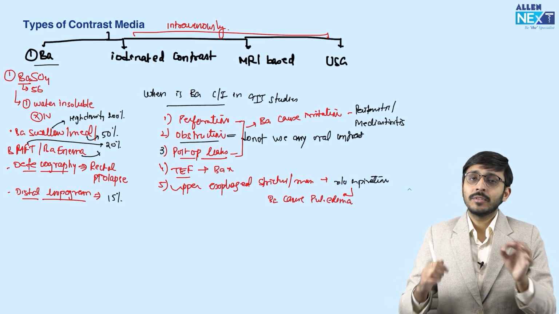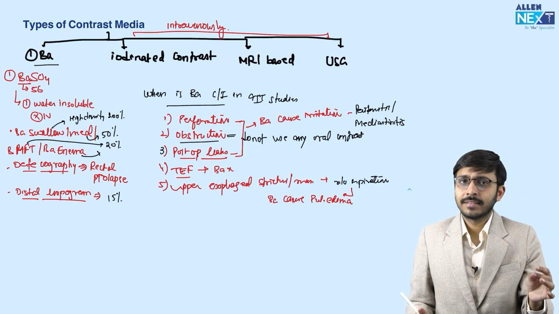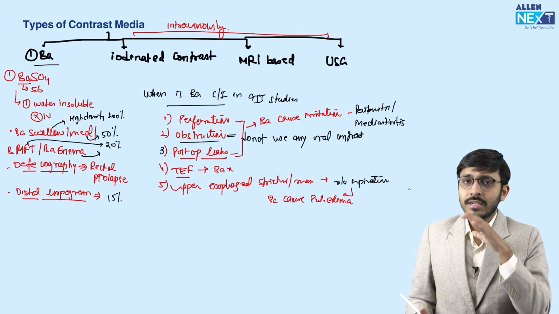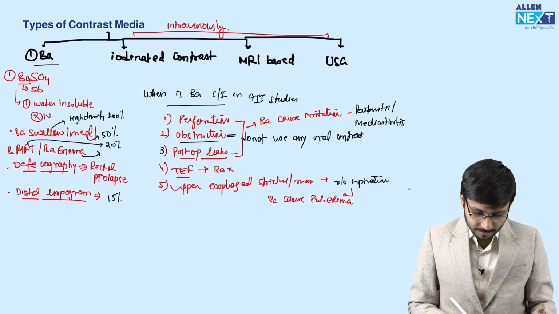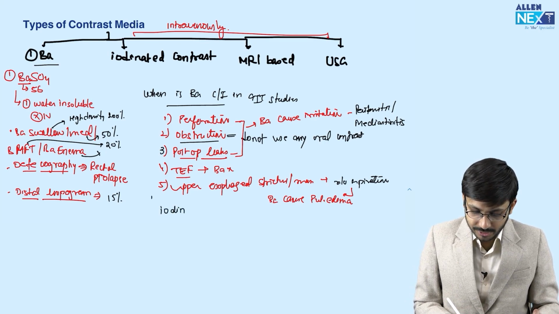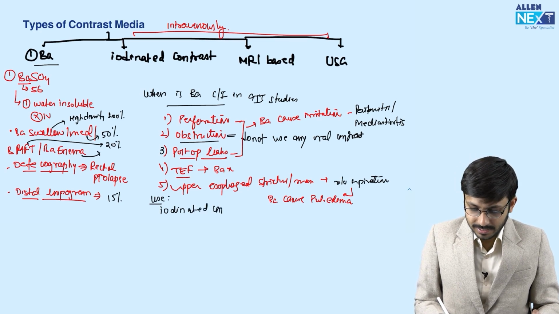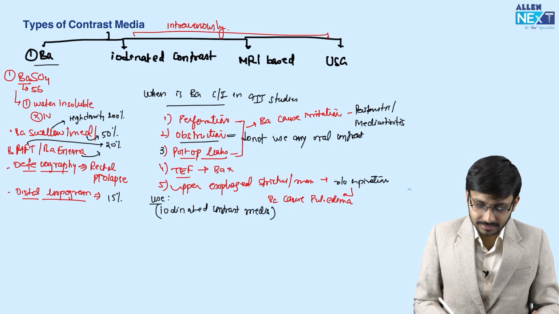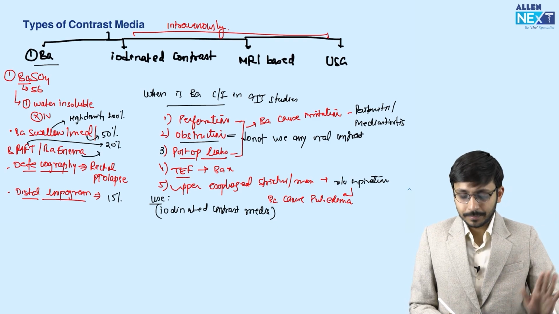Hence, barium is not used in leaks, perforation, any obstruction, TEF cases, or any upper esophageal stricture wherein risk of aspiration is more. Here, what do we use instead of barium? Instead of barium, we use iodinated contrast media as oral contrast in all these cases, except obstruction, where we do not use any oral contrast whatsoever.